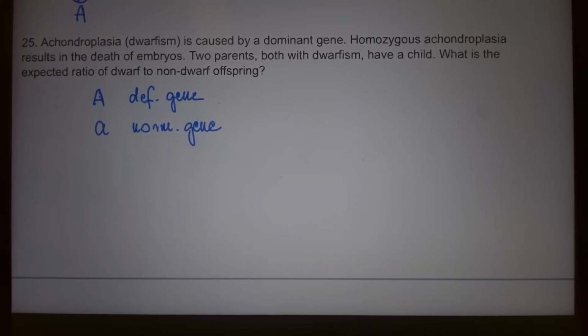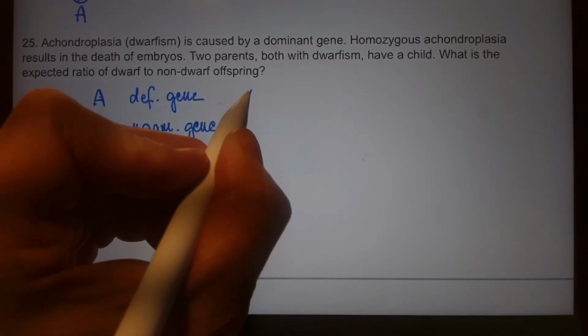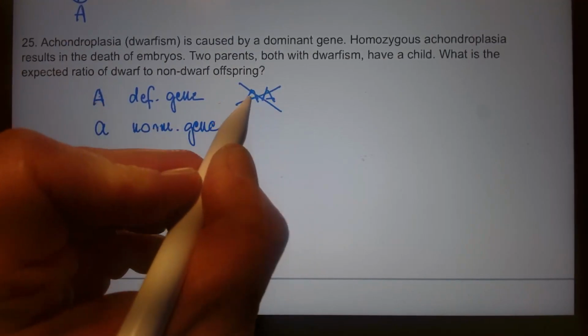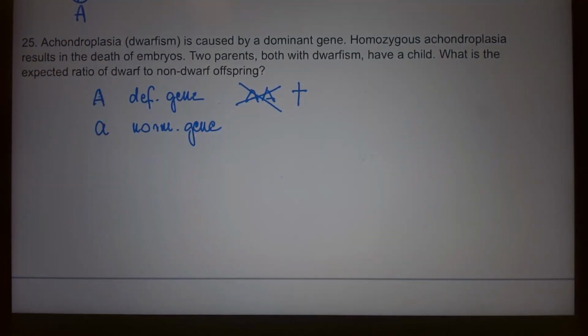If somebody is homozygous for the A gene, that person will not survive, it will die in utero at an embryonic age.